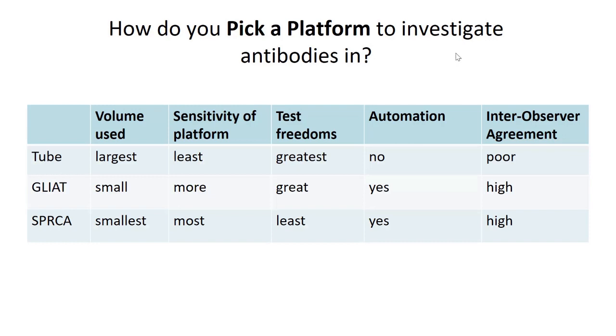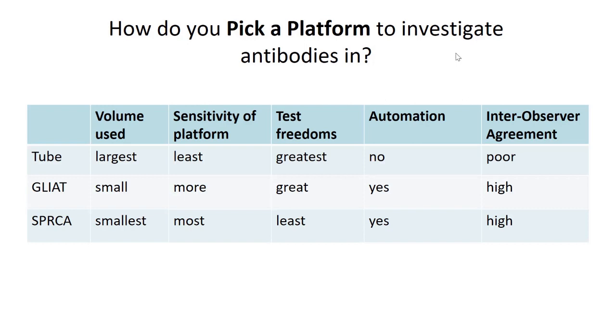Solid phase microtiter plates are notoriously oversensitive, and so there are many method-dependent antibodies that assail this technology. But at the same time, solid phase picks up more antibodies than what might otherwise get picked up, or therefore missed, in tube or gel.